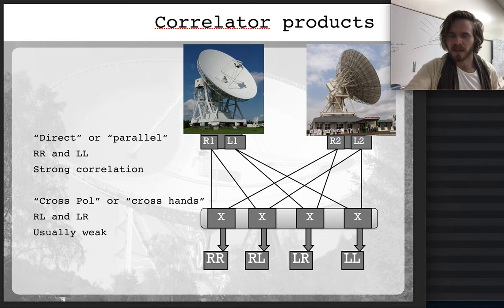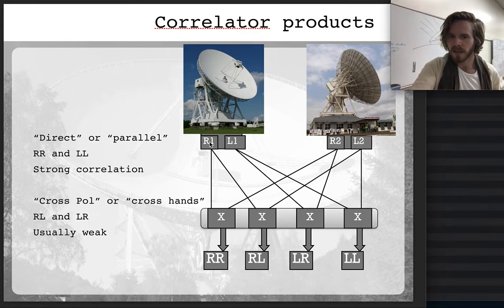Then we're going to make things a little bit more complicated and think about interferometers. So we just mentioned how we make the RCP and the LCP for one telescope. So imagine you have one telescope with an RCP and an LCP, and another telescope, which you know very well, also with an RCP and an LCP. So we say R1, L1, R2, L2.